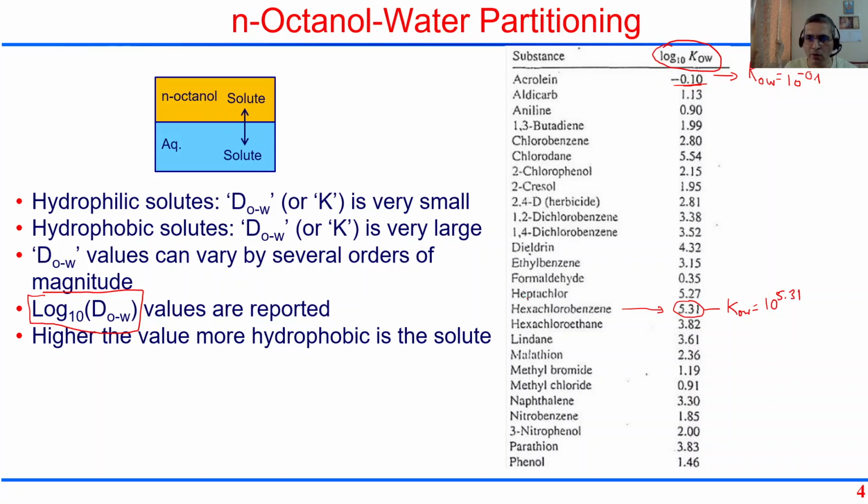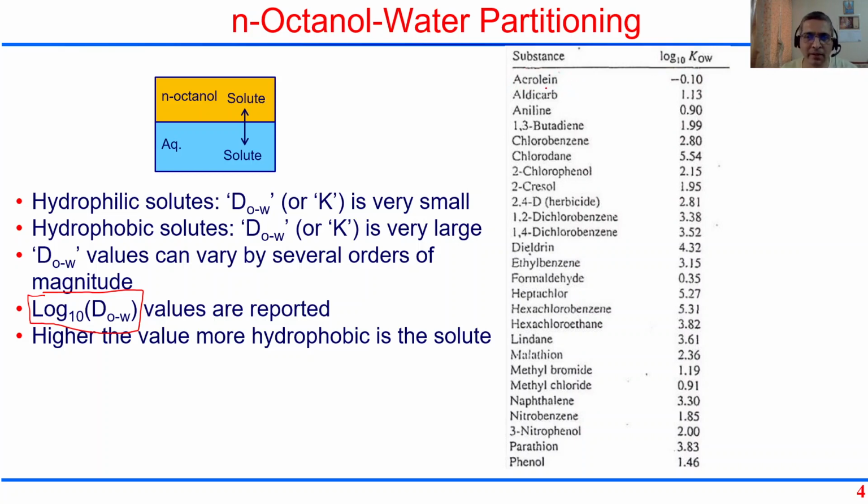So you can see how hydrophobic this hexachlorobenzene is as compared to, let's say, acrolein. Acrolein would be very hydrophilic as compared to hexachlorobenzene. And these values you can find for many compounds reported in the literature. It tells you how hydrophobic or hydrophilic that compound is, and helps you select what kind of solvent to take for liquid extraction.